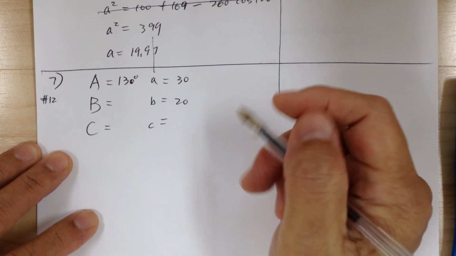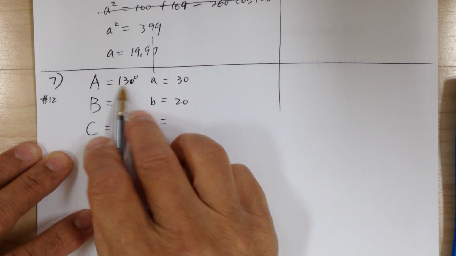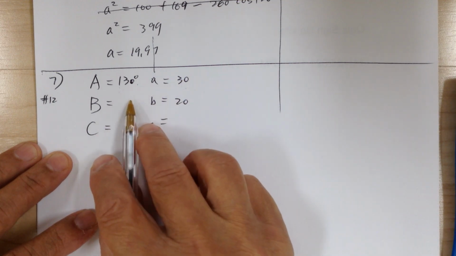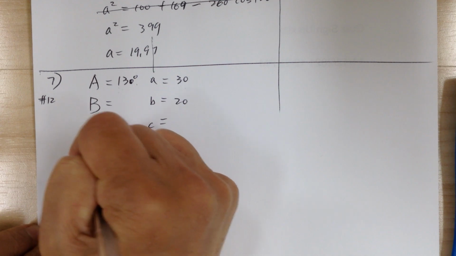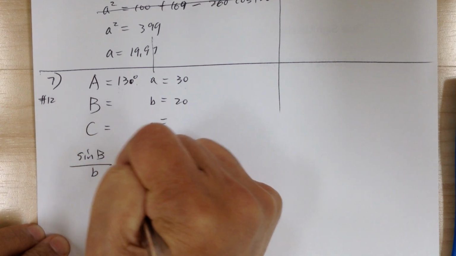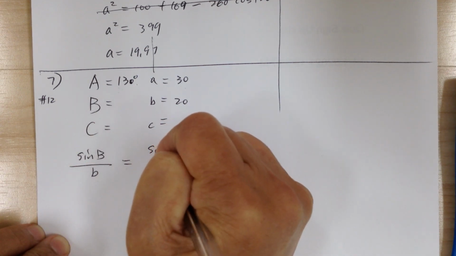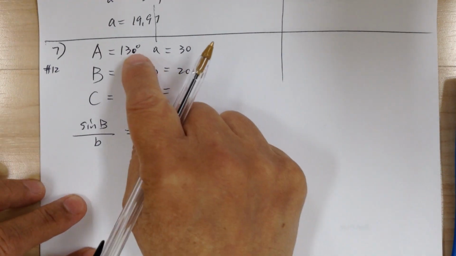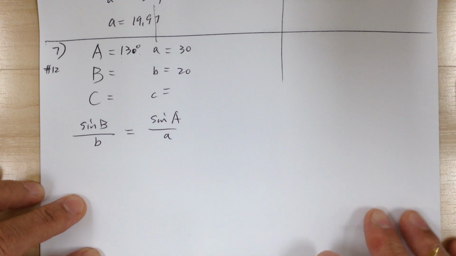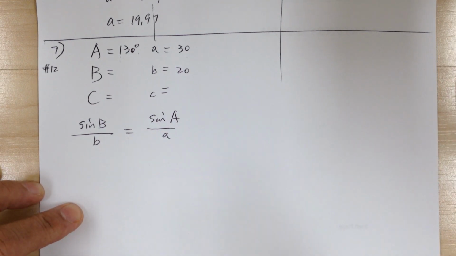So again, you've got two of the same letters, so you can use the law of sine. You're going to look for B first. So sine B over b equals sine A over a. Now, we know for sure that this is the biggest angle, because only the largest angle can be 90 or more.